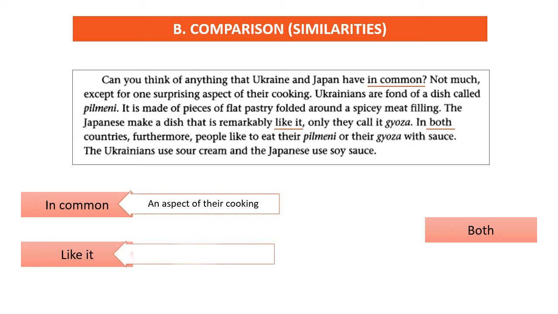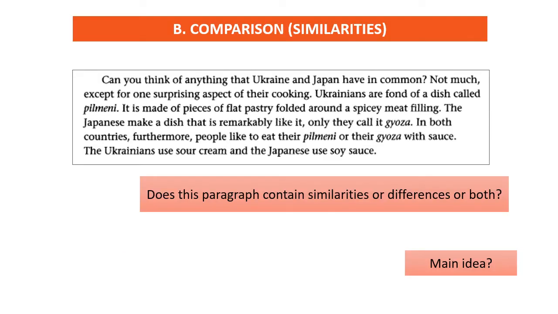The second signal word, like it, shows us the similarity between two countries, which are their pastries with meat. And the last signal word is both, and it refers to the way the two cities eat their food with the sauce.